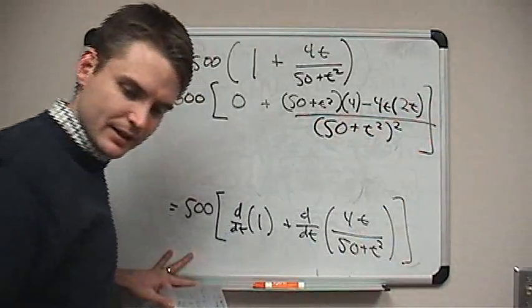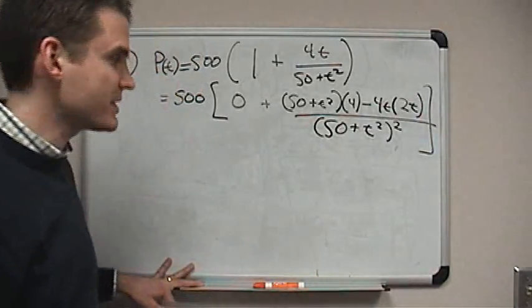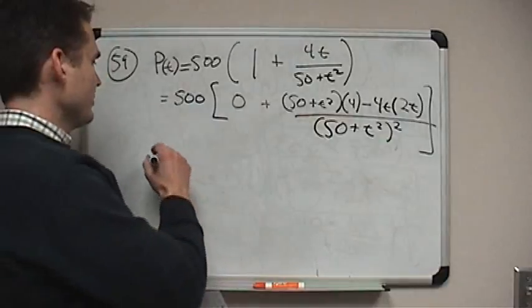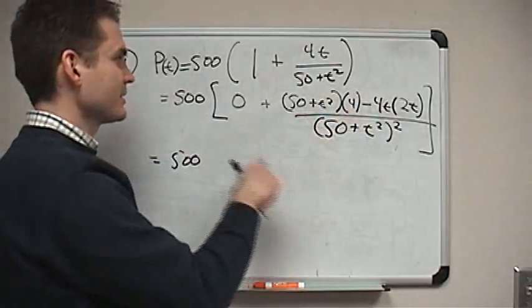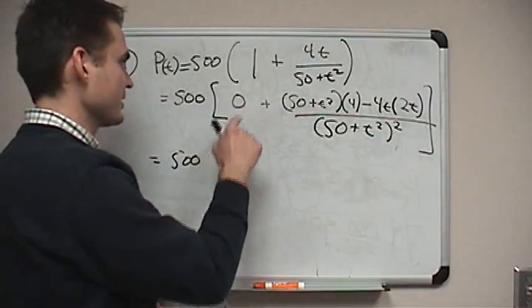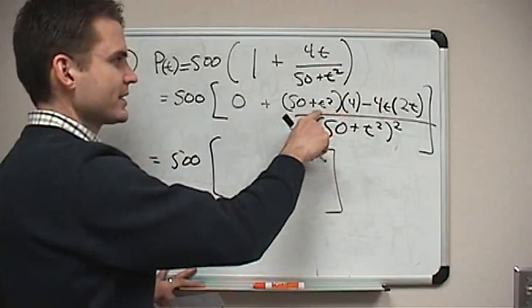Now I can finally erase this line and give myself some more space. Basically what I've got here is 500 times whatever this fraction simplifies to. That derivative was 0, so I can just wipe it away. I need to simplify the numerator.